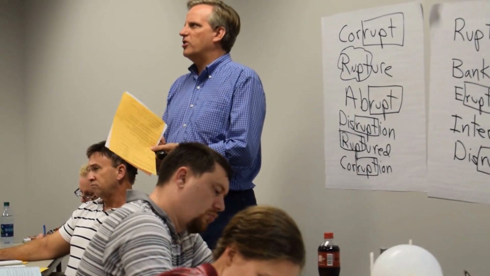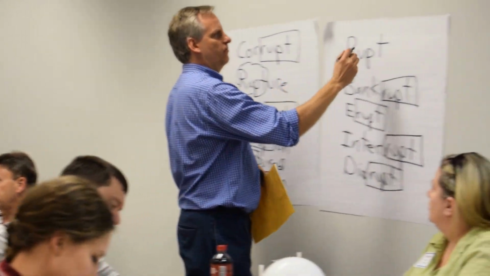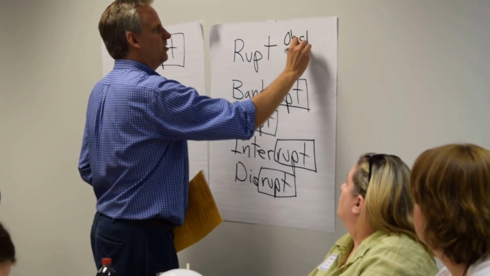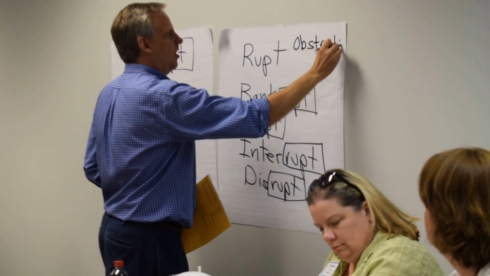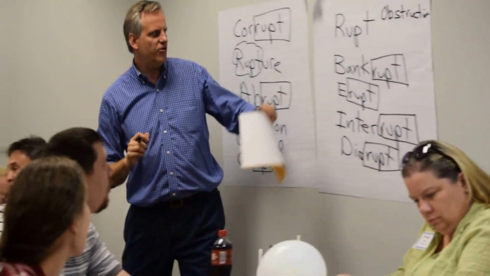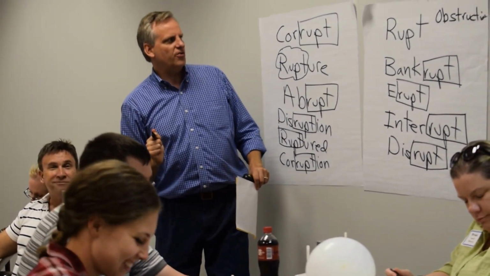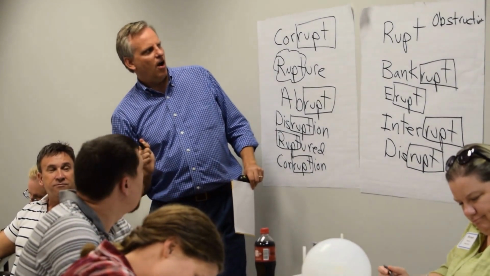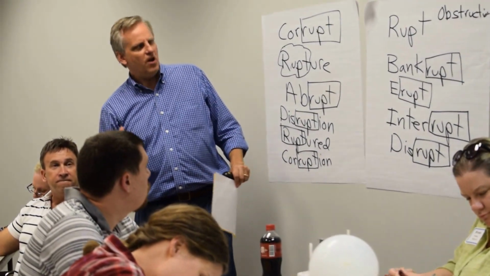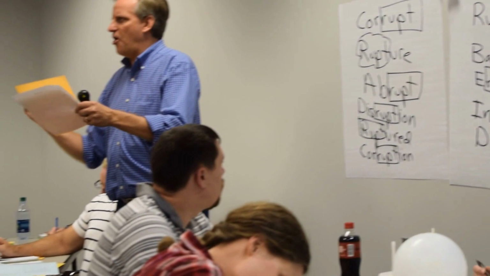But obstruction doesn't have road in it. Obstruct. That's true. Obstruction. It's close. We got truct instead of ruct. Close. Yeah, that's true. See instead of one. So that's a good thought.